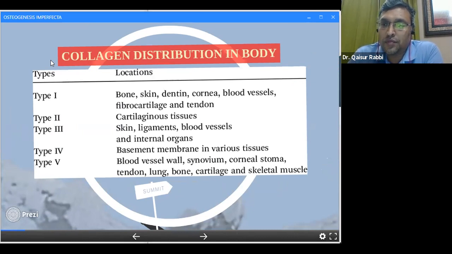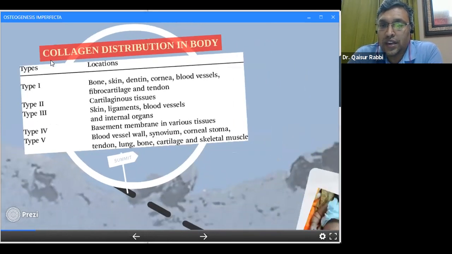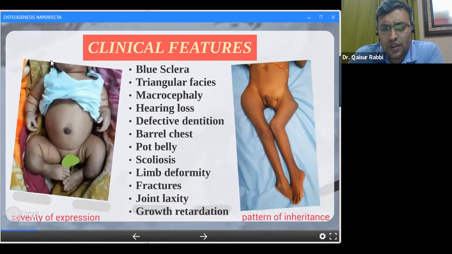Almost the infrastructure of the body is built up by this collagen 1. So whenever we find a patient with osteogenesis imperfecta, we can find deformity or problems within these tissues. Most of the time, we get patients with fragile bone with deformed limb bones. Mainly the long bones are deformed.